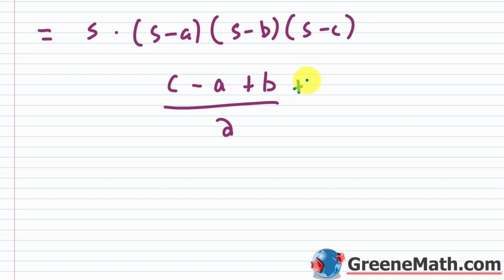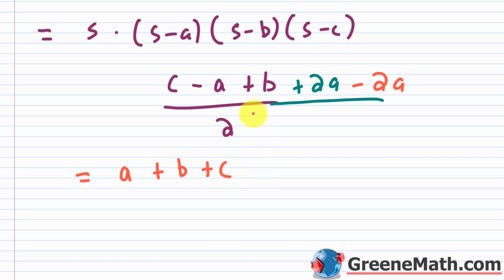Well, I could add 2a up here, but the problem is that's illegal, right? I can't just add 2a to something. So to fix that, I'm just going to subtract 2a away. So what would happen? Negative a plus 2a would be a. So what I could do is say that this is a plus b plus c. And then again, this negative a plus 2a, that's how I got the a over there.